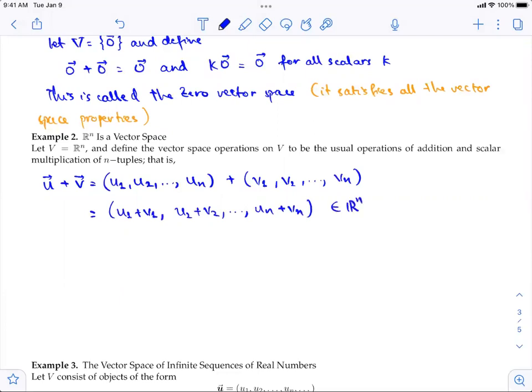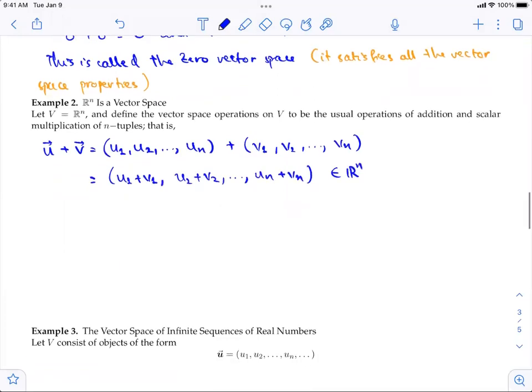So this is closed under vector addition. If you have a scalar k and apply it to a vector u, you have k times (u1, u2, up to un), which is (ku1, ku2, up to kun), and this is also in Rn.